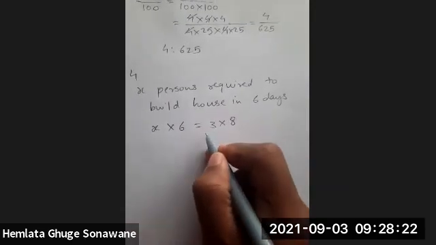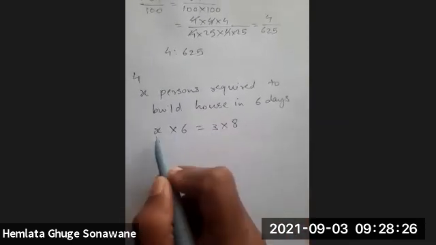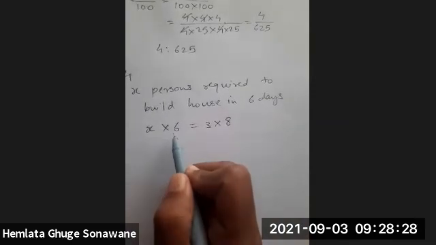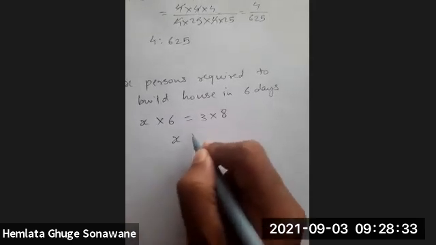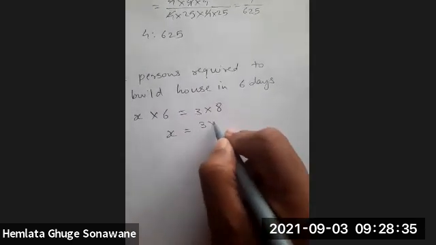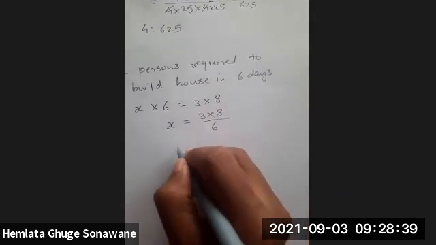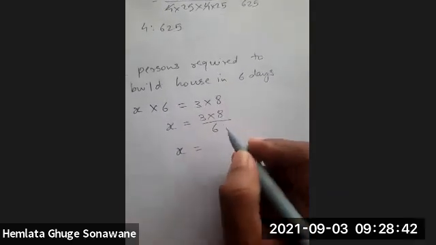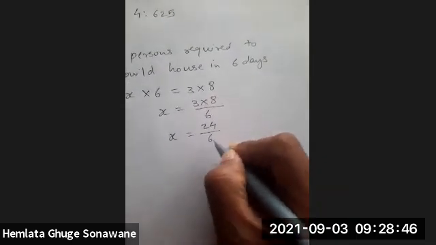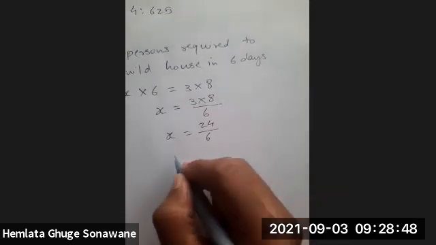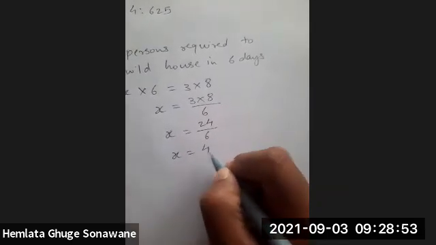That is, three persons are building a small house in 8 days, and X persons are building the same house in 6 days. Now we'll simplify this. X is equal to 3 into 8 upon 6 as denominator. X is equal to 24 upon 6. So it becomes 4.